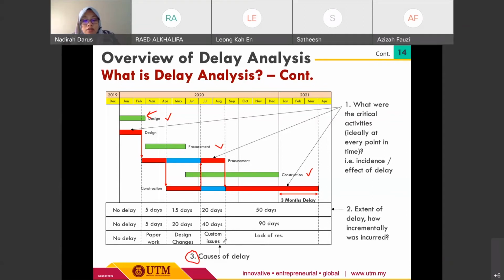We need to identify the process of the delay, right? So this is the visualization of how we can conduct the delay analysis, to know which activities are critical and what the extent of the delay is. And at the end, we need to know the process of the delay, right?